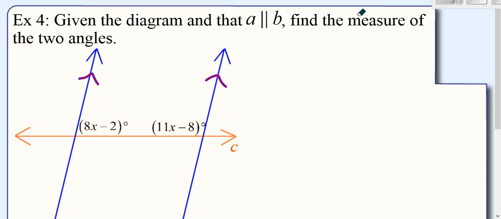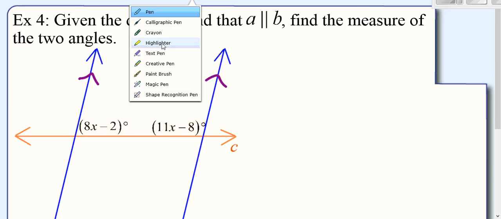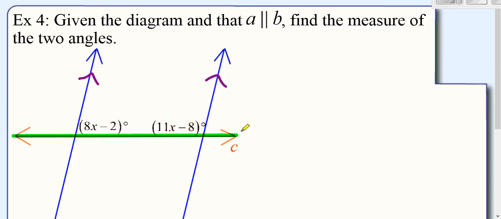Find the measure of the two angles. So those angles are both on the same side of the transversal. Here's our transversal, I'll highlight it. They're both above the transversal. And they are between our parallel lines. So that means they are in the interior and on the same side. So they are same side interior angles.